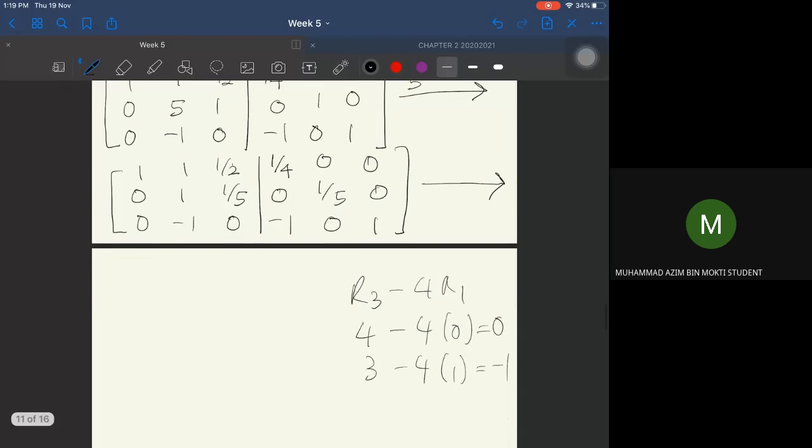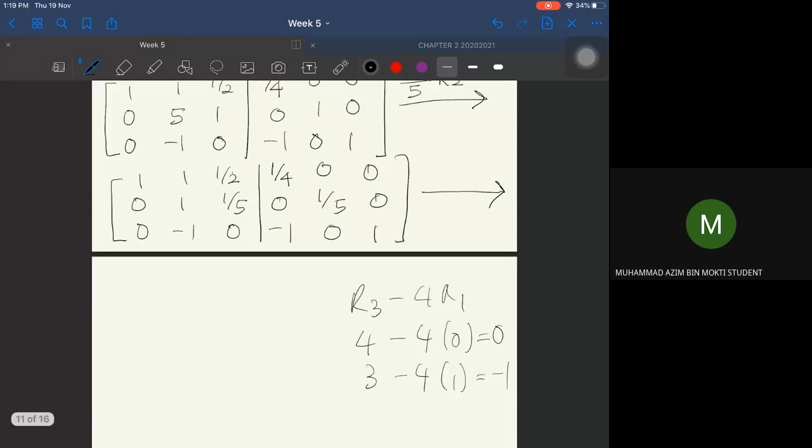Okay. Lepas tu kan, benda ni equation kan, kita boleh pakai calculator tau. You buat, you tekan shift, alpha A tolak 4 alpha B. Saya nak tunjuk susah lah.